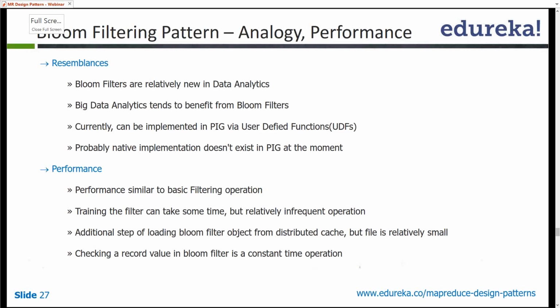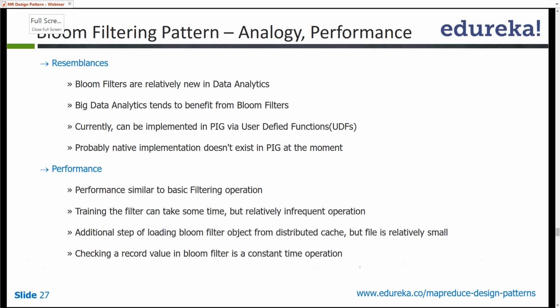So in such cases, definitely beneficial. With the advent of big data analytics, Bloom filters are being seen as quite advantageous. I'm not sure there's a native implementation of Bloom filters in Pig at the moment, but it can be implemented in Pig via user-defined functions.